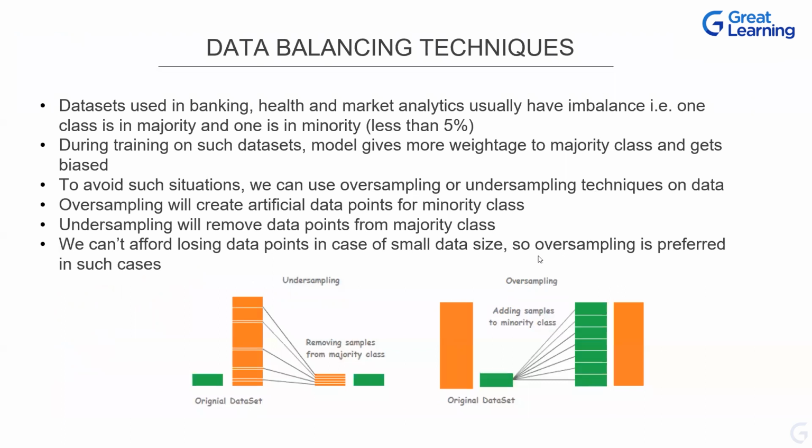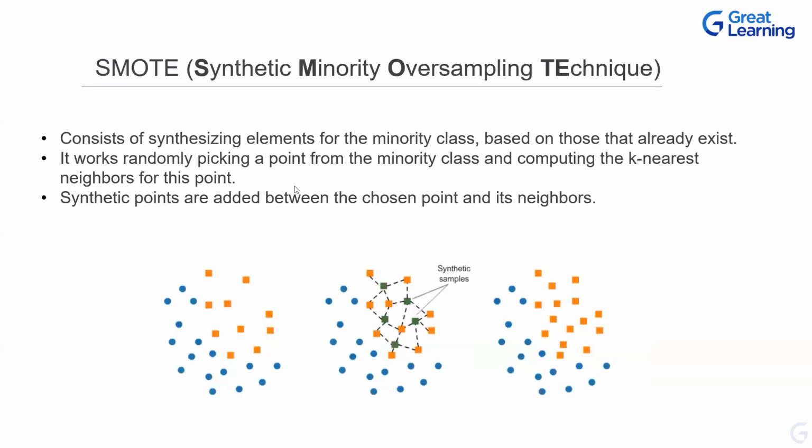One of the techniques that helps us in oversampling is known as SMOTE, which is synthetic minority oversampling technique. It generates data points for the minority class so that it is equal to the majority class. So that's about some of the topics.